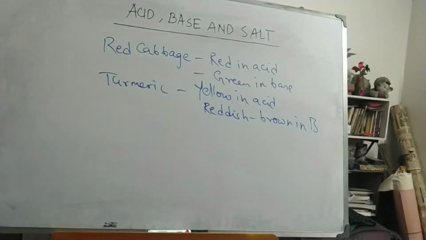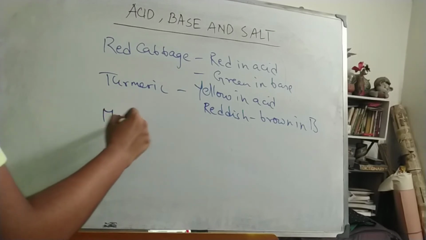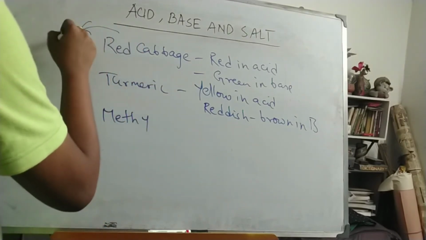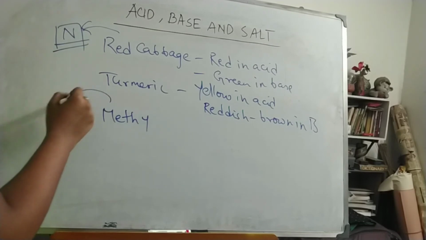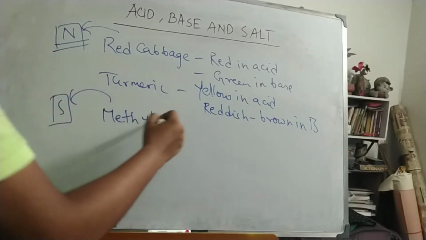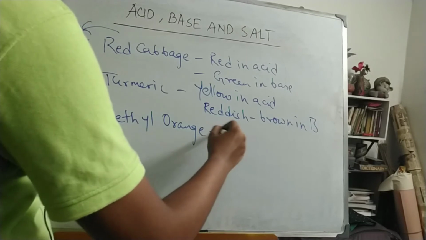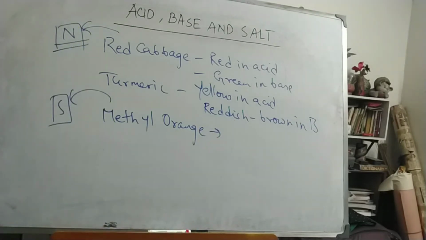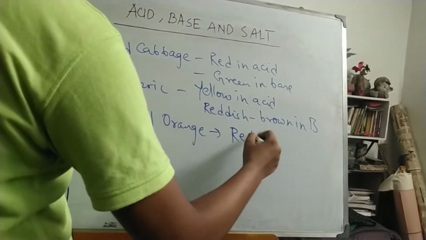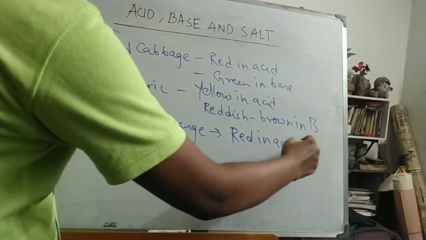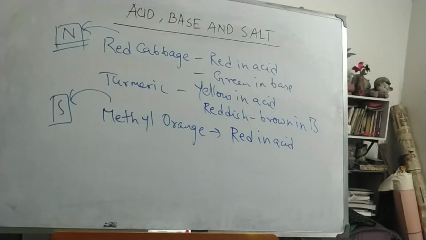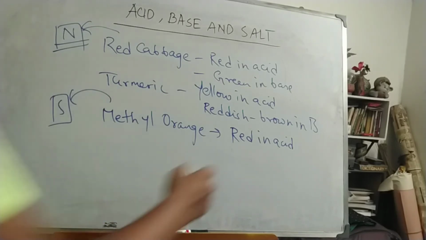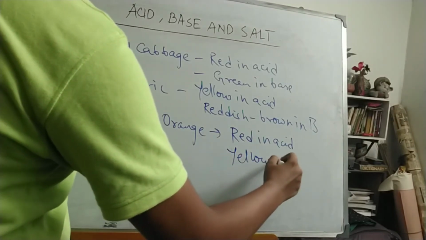In synthetic indicators, methyl orange is also red in acid and yellow in base.